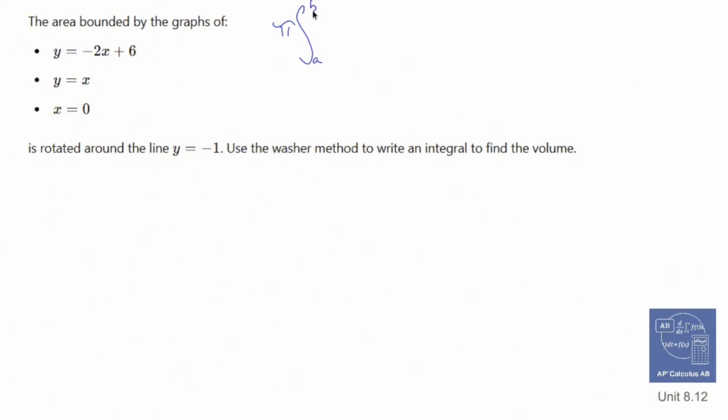I have my integral from a to b, and I'm going to set up a minus f of x, which is going to be my upper equation, squared, minus a minus g of x, squared, dx. I'm going to let f of x be my upper equation, g of x be my lower equation, and a be my axis of rotation.